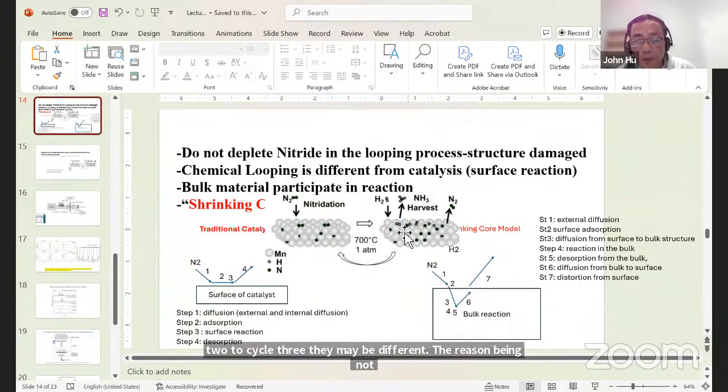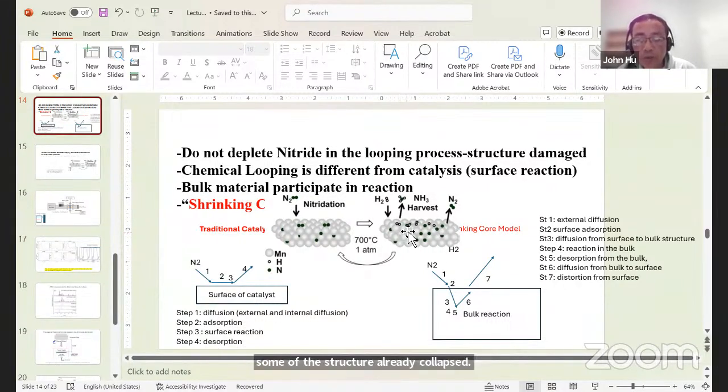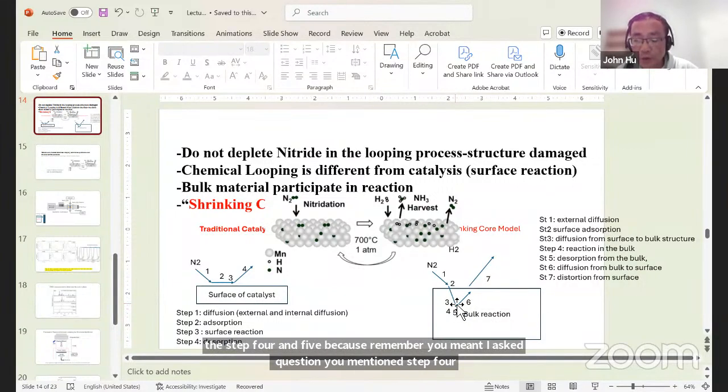When some structure collapses or becomes condensed, it's getting more and more difficult in steps 4 and 5. Remember, you mentioned steps 4 and 5 are the slow, rate-determining steps. Actually, you asked a very good question.